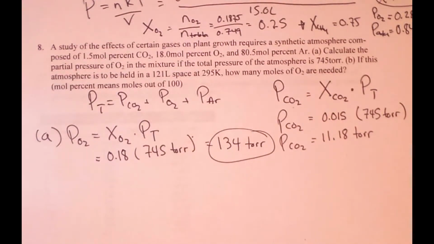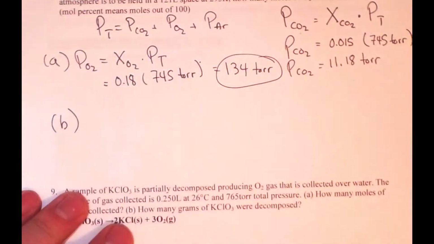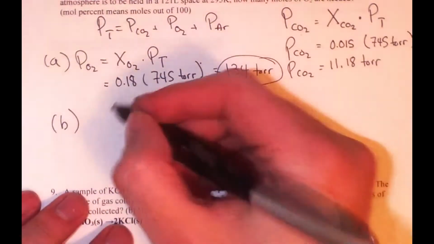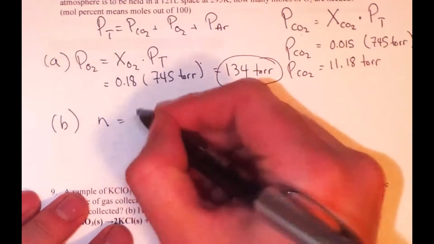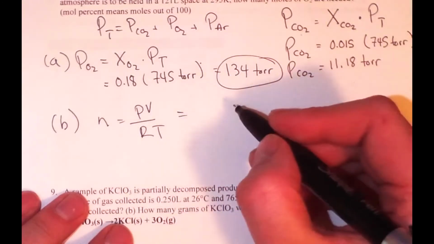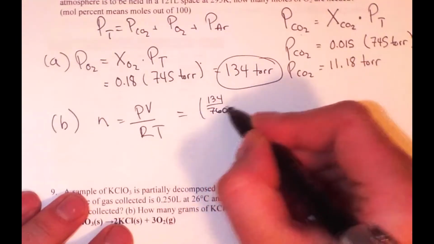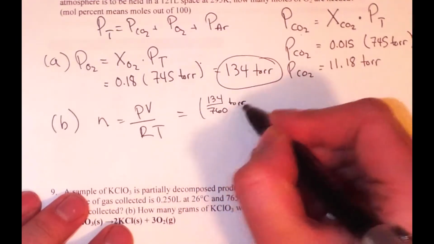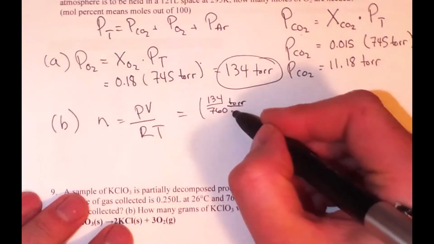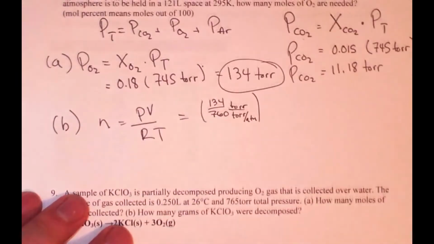Part B says if this atmosphere is to be held in a 121 liter space at 295, how many moles of oxygen are needed? So for part B, we simply are going to use the ideal gas equation. Again, we got to be in atmospheres, so 134 torr divided by 760 torr per atmosphere, just to make the units work out for us.